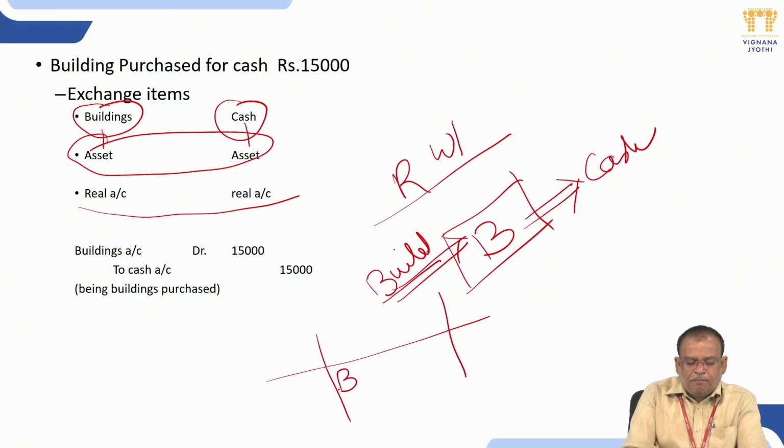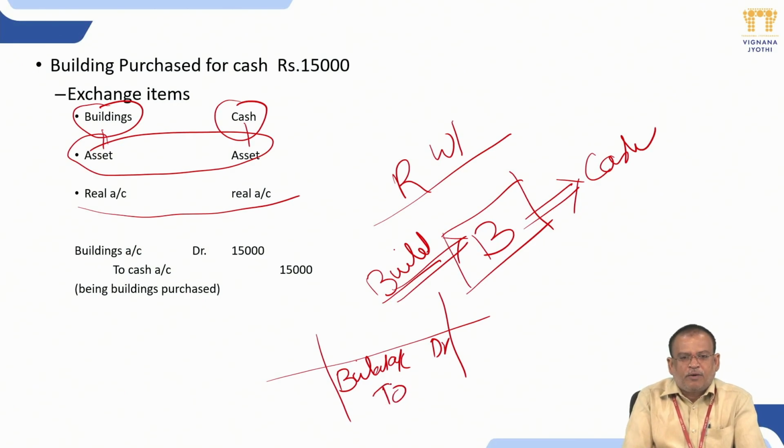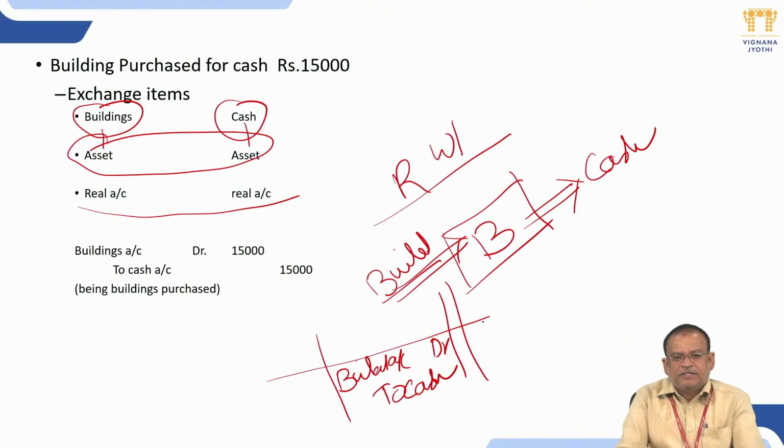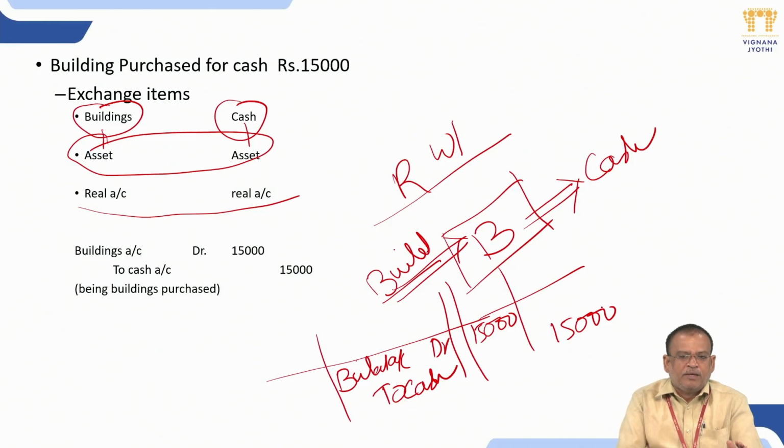Buildings account debtor to what is going out from the business? Cash. Ledger folio we generally do not use; it is nothing but the page number. So 15,000 worth of buildings received by the business. At the same time, 15,000 worth of cash is going out from the business.